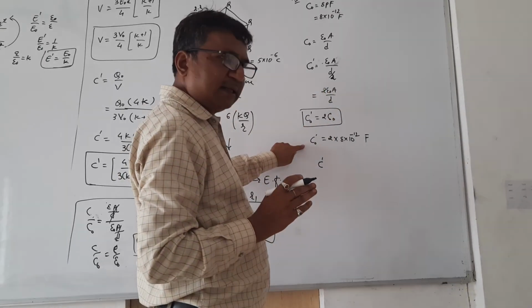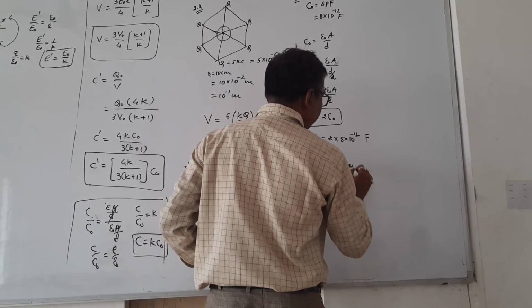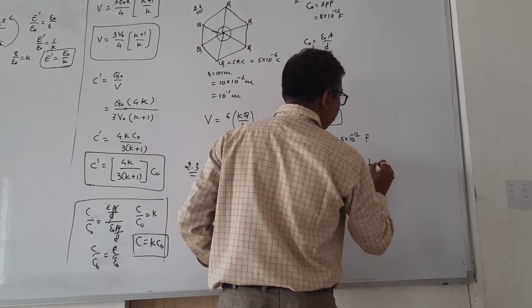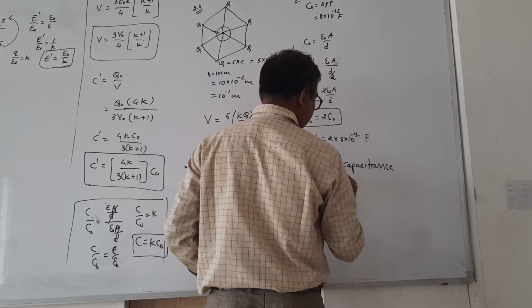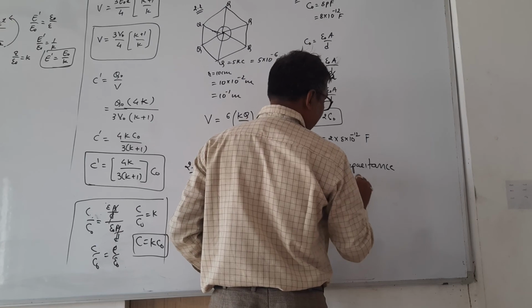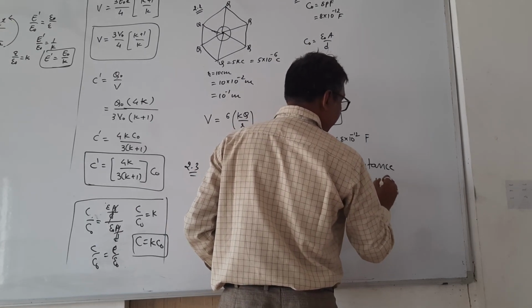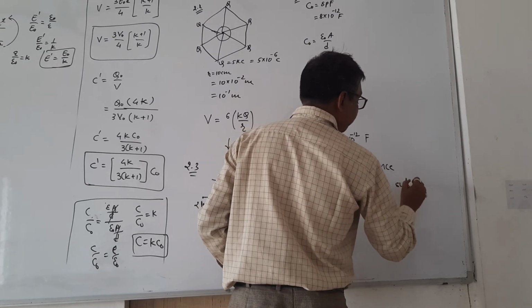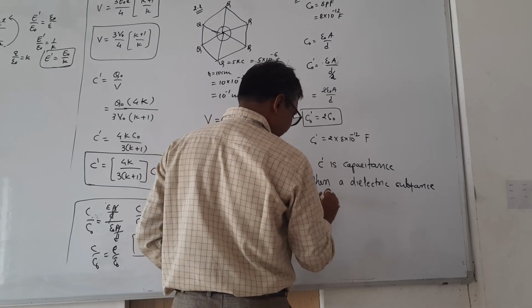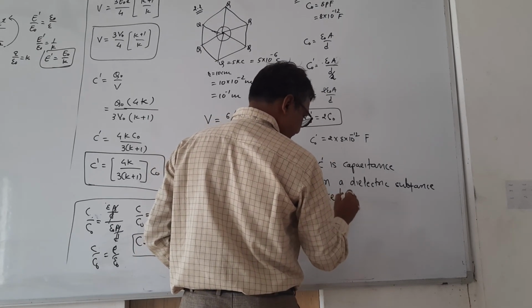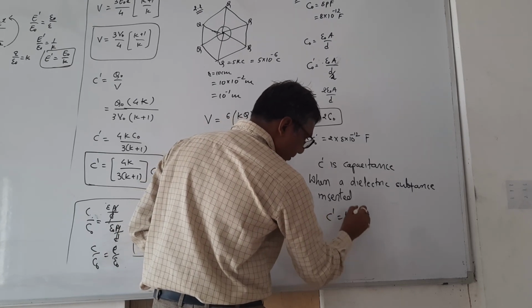And when any dielectric constant is inserted into this, C dash is the capacitance when a dielectric substance is inserted. So C dash is equal to K C0 dash.